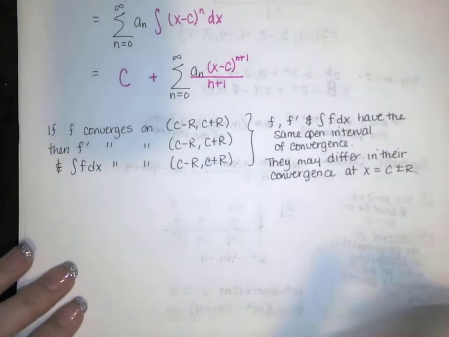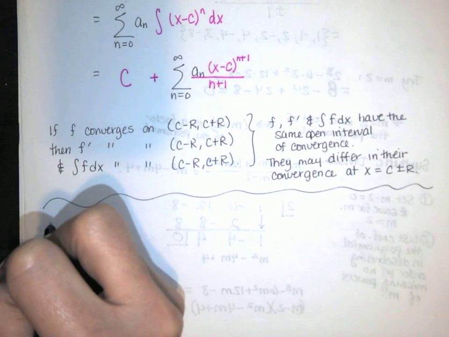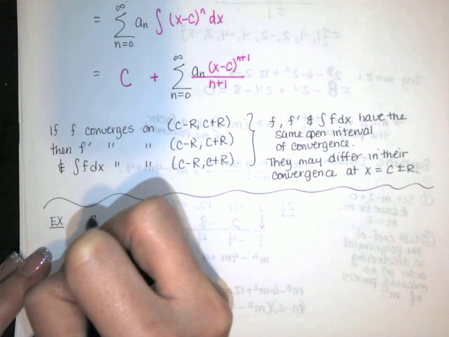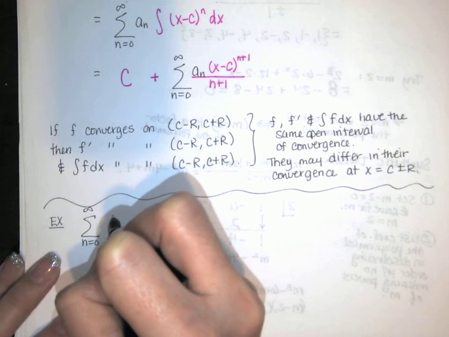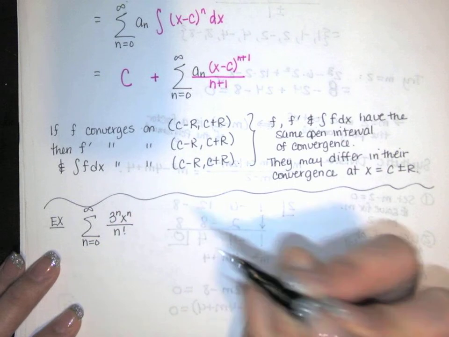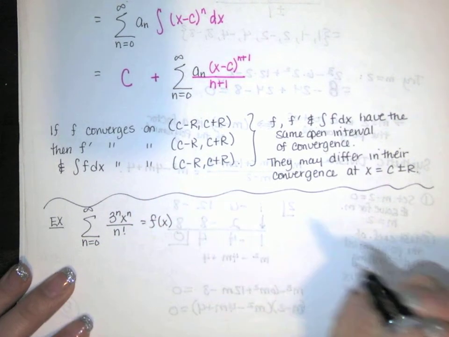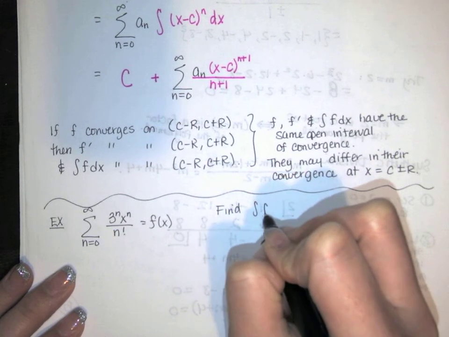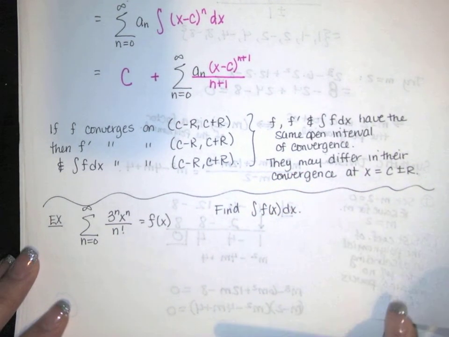Okay, so let's do one more example. Let's say I have the sum as n goes from 0 to infinity of 3 to the n times x to the n over n factorial. That's my f of x. And we're asked to find the antiderivative of f of x as an infinite series.